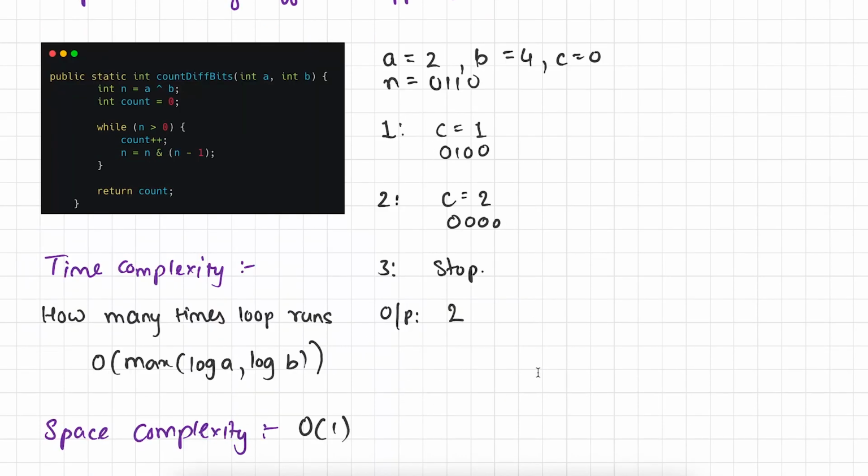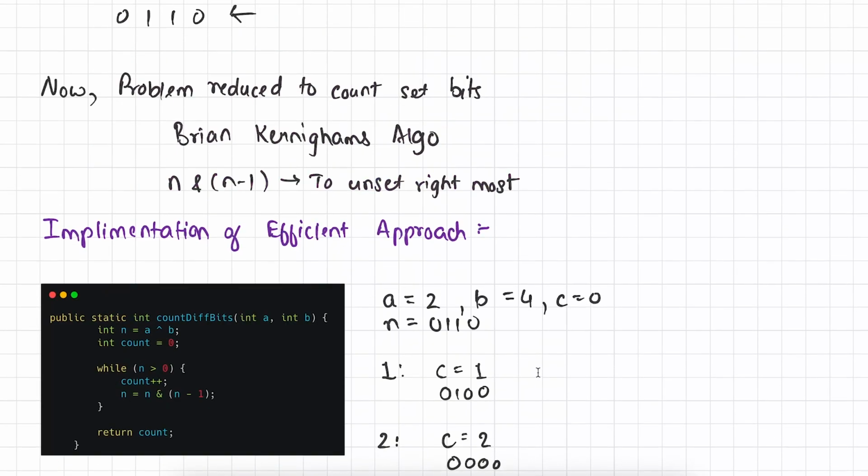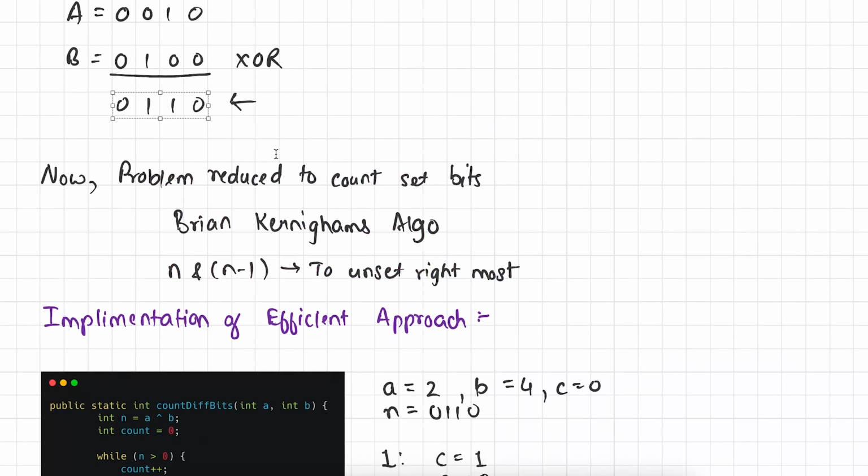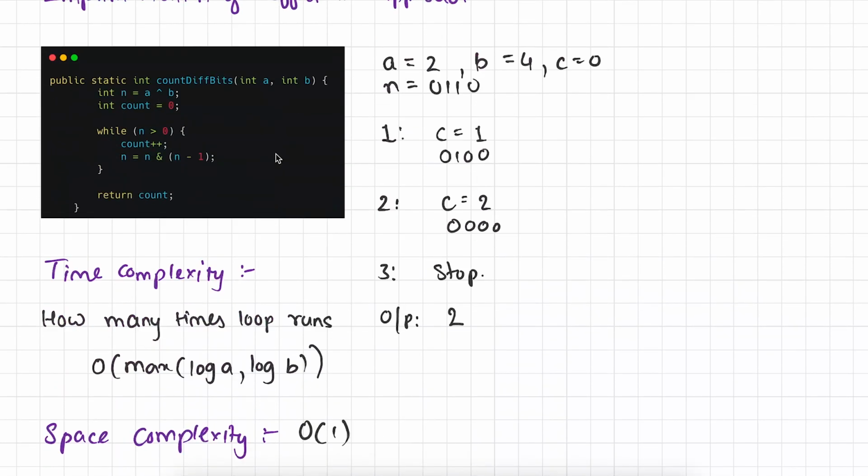Okay. Now talking about the time complexity of this function, how many times is the loop running? As you can see, if the number has 2 set bits, then the loop runs 2 times. If a number has 3 set bits, the loop runs 3 times. So we can say that the time complexity of this function is big O of max of log A and log B. Why are we using log?